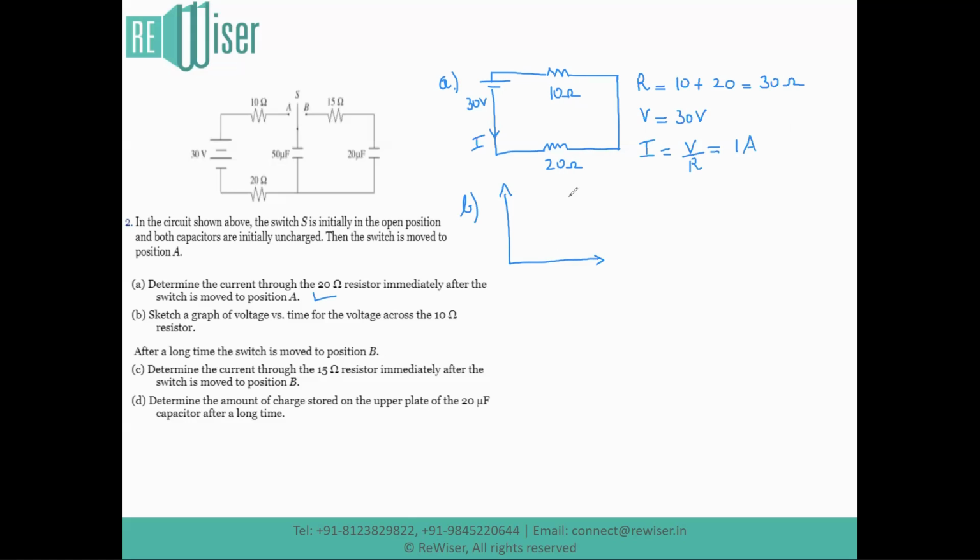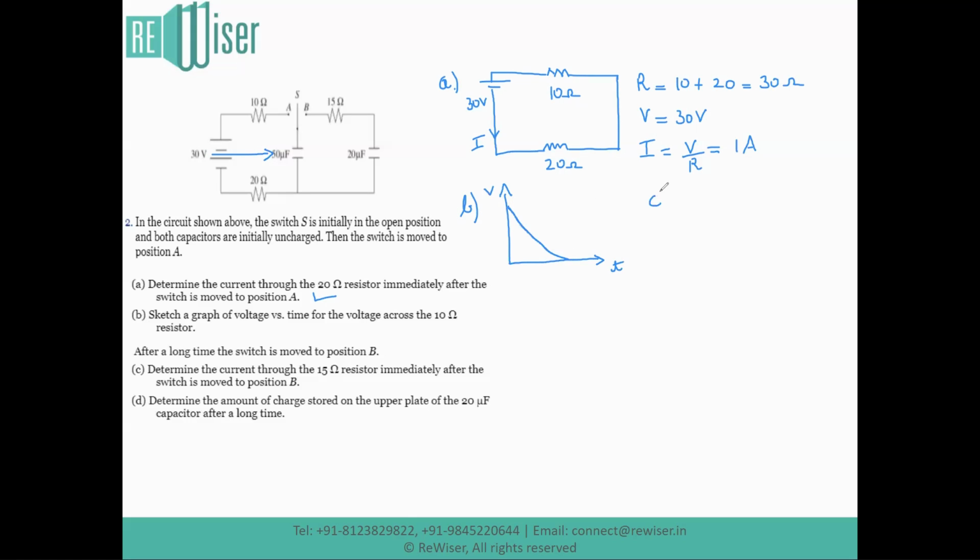But here, since we have a capacitor introduced and the capacitor slowly charges up to the voltage of the battery provided, which is 30 volt, the voltage will exponentially keep on decreasing, and hence the graph of voltage versus time, V versus T, is an exponential decay graph as such.